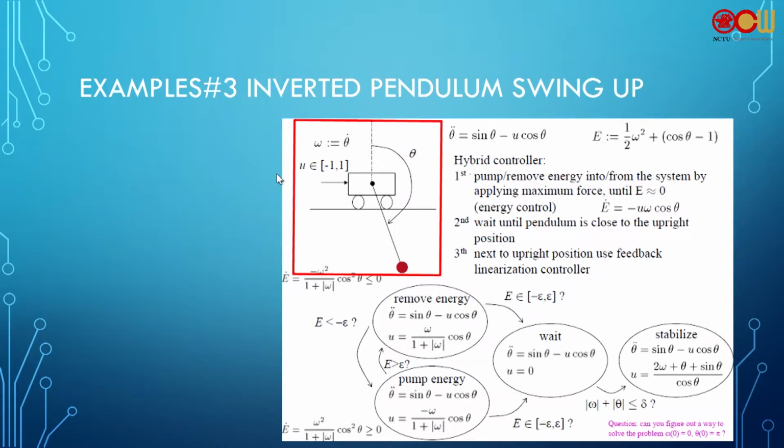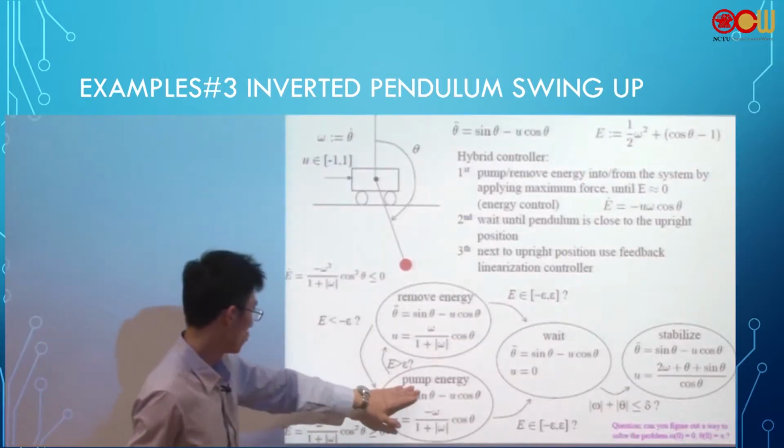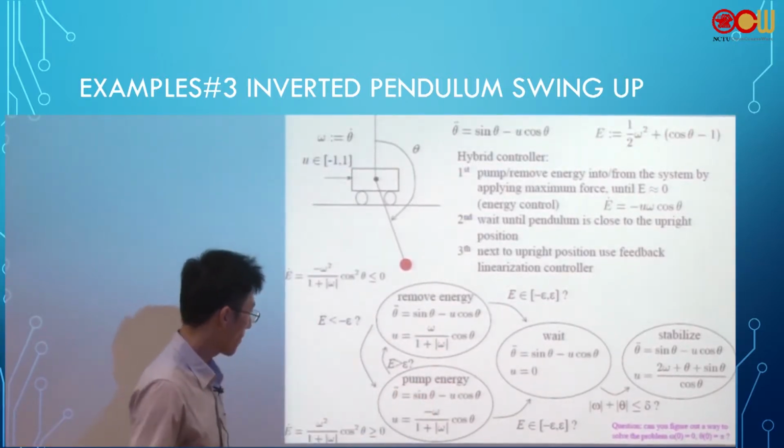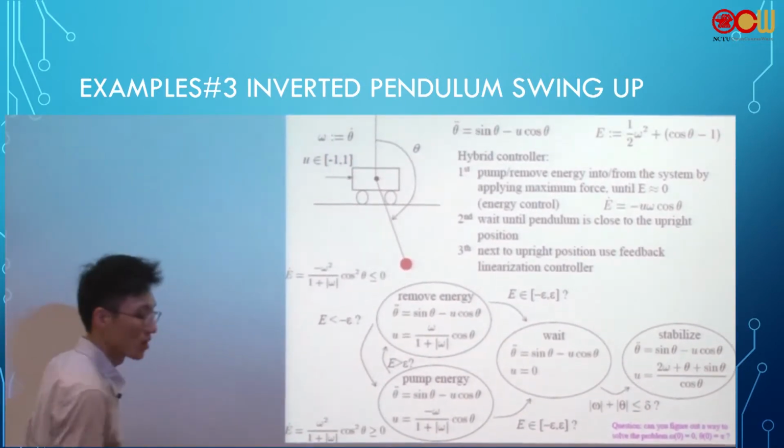And here's the case of the pendulum fixed and connected to a car, and you want to swing up the pendulum to the upper right position, okay? And you can use switch control. And here you will see three different procedures. Here you pump up the energy, which happens in this position where the pendulum is on the downside.